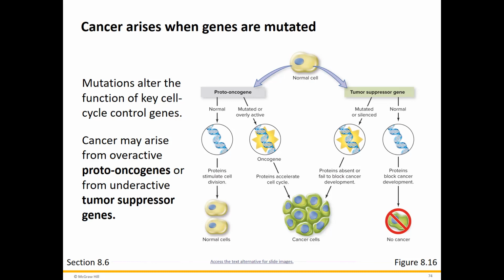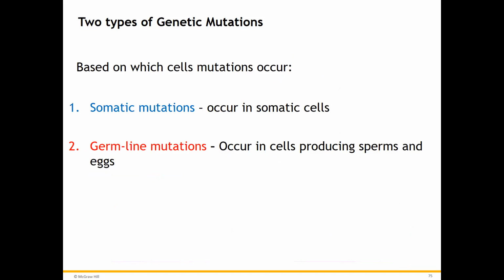There are two ways that cancer skirts around these control genes. You can have an overactive proto-oncogene or an underactive tumor suppressor gene. There are also two types of genetic mutations that can occur, and it's all based on which cells are involved.